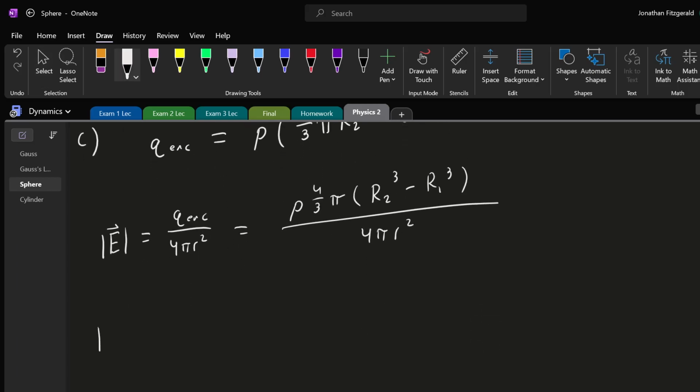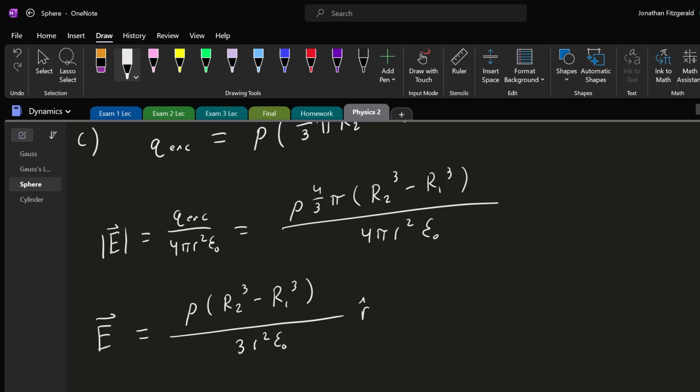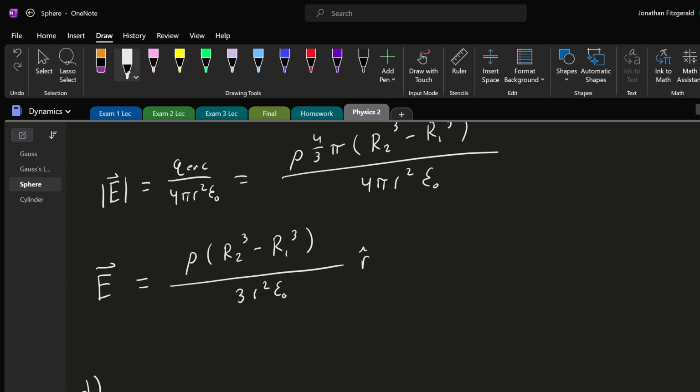Now, final answer, take away the magnitude, cancel out pi, cancel out the 4: rho times R2 cubed minus R1 cubed divided by 3 r squared. There's supposed to be epsilon naught here. Cannot forget those. And can't forget your unit vector. Okay, that looks good to me.